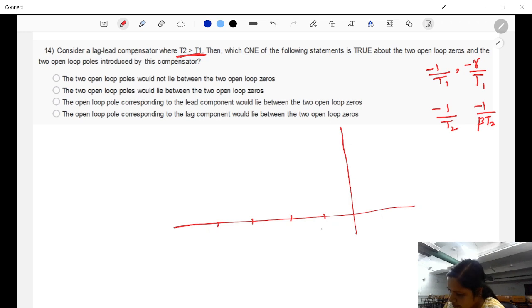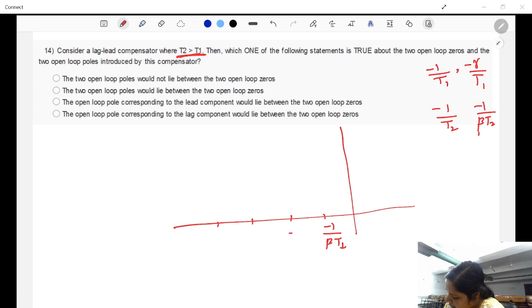Since beta is greater than 1 and T2 is already greater than 1, -1 upon beta T2 is going to be the least one, in the sense it is going to be closer to the imaginary axis, because it has the highest magnitude in the denominator.